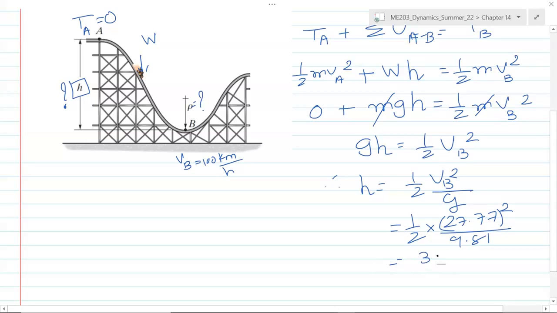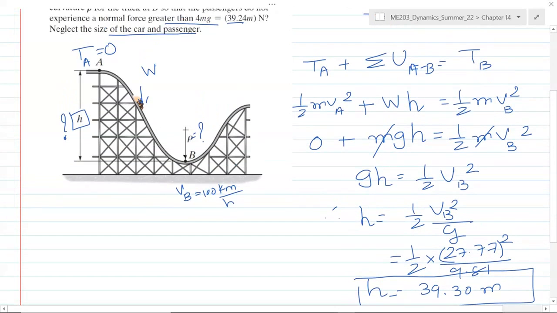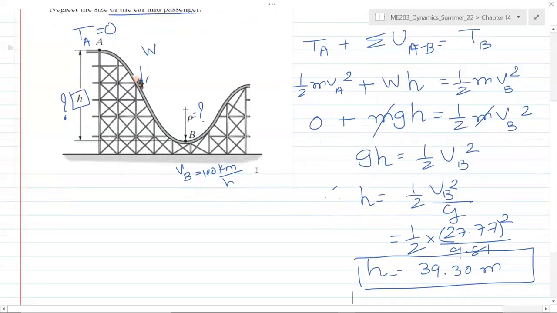So we get 39.30 meters for h. What this means is that if the coaster car comes down from a height of 39 meters, then by the time it reaches B, work done by gravity will increase the kinetic energy to a speed of 27.77 meters per second, or 100 kilometers per hour. So that's one part of the question.